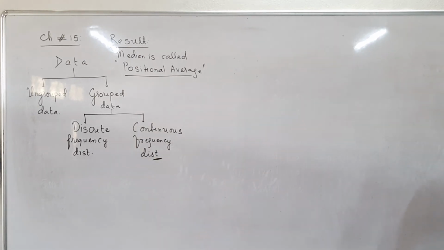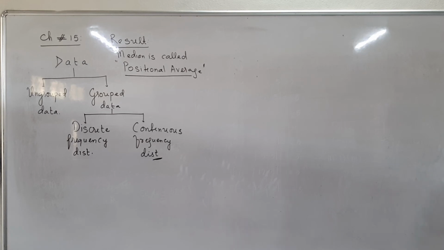Students, you might have come across these words, but you are not thorough with what is discrete frequency distribution and what is continuous frequency distribution. I am very sure that you might have come across these words, but you are not very thorough with what is discrete and what is continuous distribution.